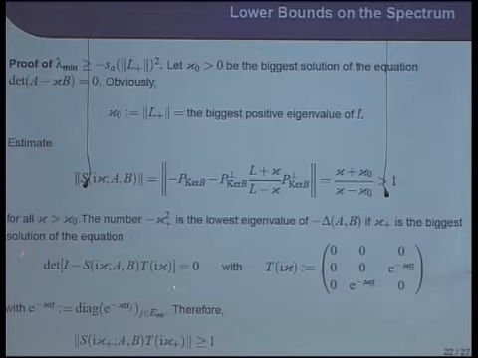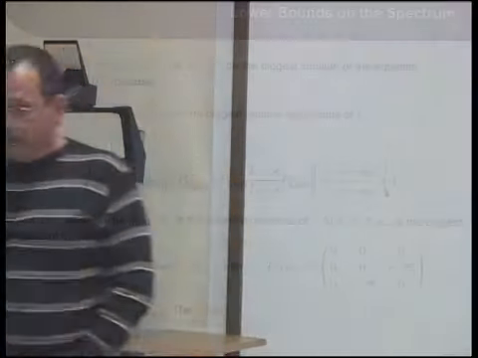Now, if kappa plus solves this equation, this means that in any case, the norm of S multiplied by T has to be larger than 1. So the spectral radius has to be at least 1. This means the norm has to be not smaller than 1.